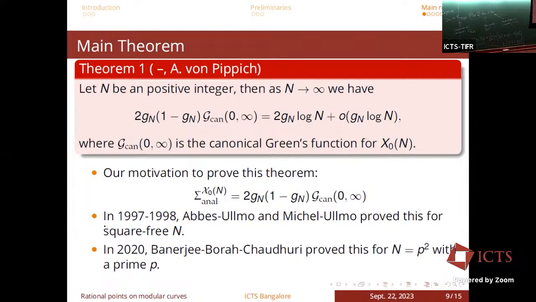So for square free n, Abbes and Ullmo use the following formula.